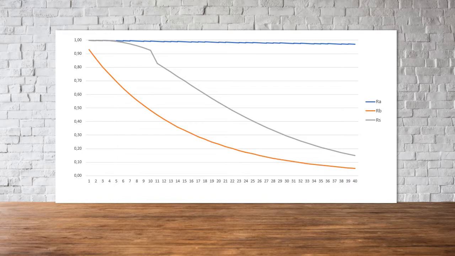This is the reliability plot of component A. This is component A. This is component B. And this is the reliability of our system. So if you see, we have a very reliable component, that's component A. And we have an unreliable component that we try to somehow compensate the low reliability rate by making it parallel.